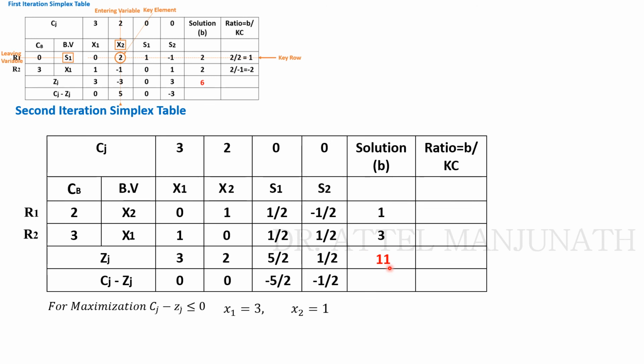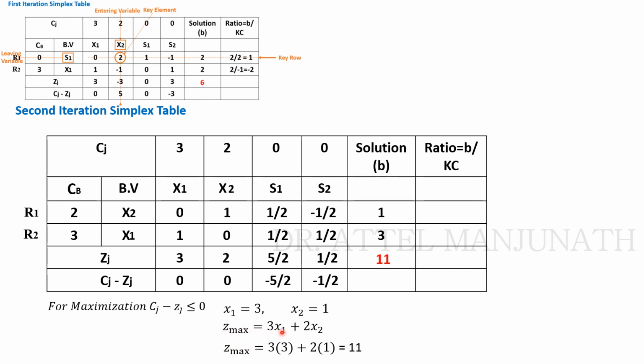Even if you want, you can cross check it with the values we got. So here x1 is equal to 3 and x2 is equal to 1. Take x1 equal to 3 and x2 equal to 1 and substitute this in the maximization equation that was given in the beginning.